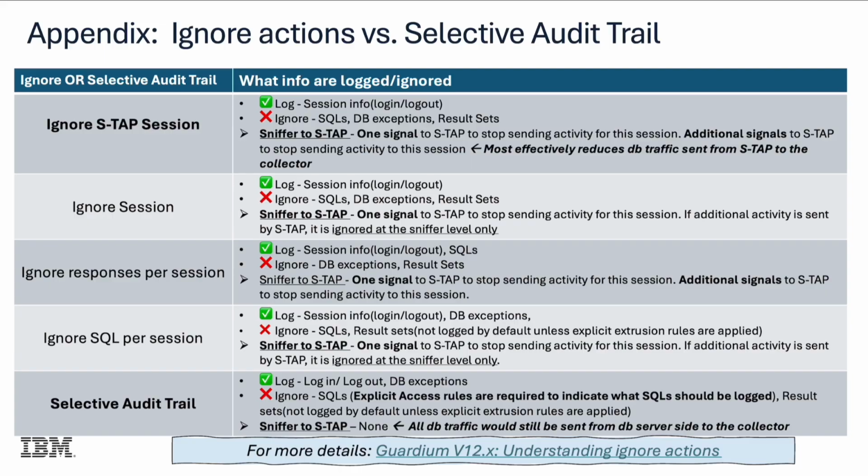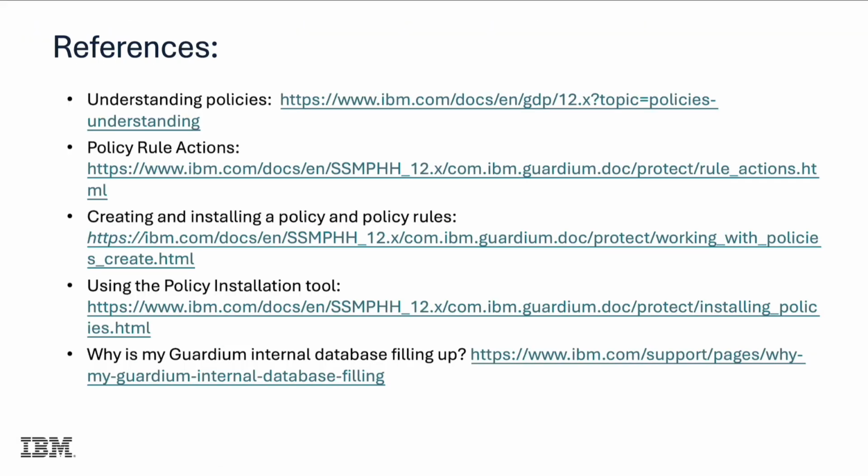And if you want to reduce both incoming traffic and SQL construct logging, then you can use selective audit trail policy plus ignore STAP session action in specific rules. Also included are the relevant knowledge center links and the tech note I referenced when preparing these training slides.